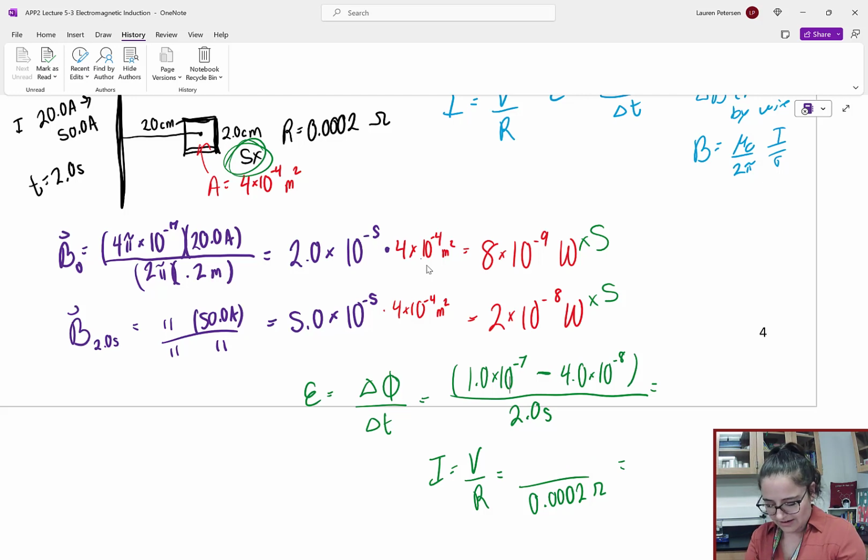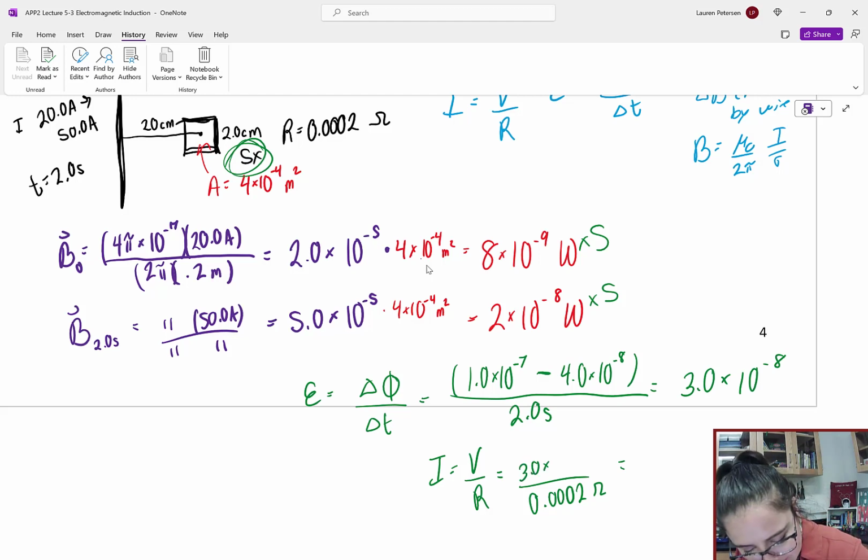Minus 4 times 10 to the negative 8 divided by 2 gives me, and it's still going to be a really small number, times 10 to the negative 8. And we plug that in here. And we get our actual answer, which is 1.5 times 10 to the negative 4 amps. So about 15 milliamps. Okay, cool.